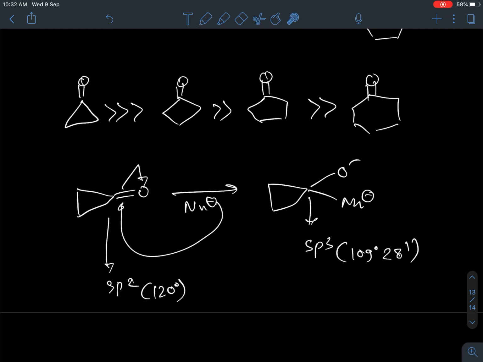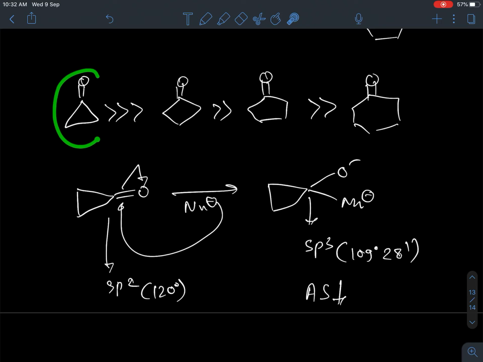Now the difference of the angular strain was 120 minus 60 degree strain, whereas here it is 109 degree, and this angle is close to 60 degree, so the angular strain has decreased considerably. So yes, that's why the nucleophilic attack is more favorable here as compared to the 6-membered ring.